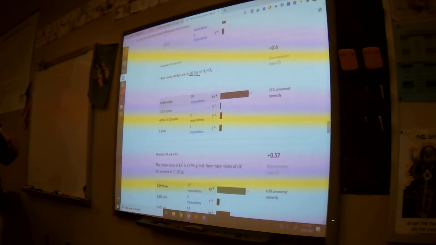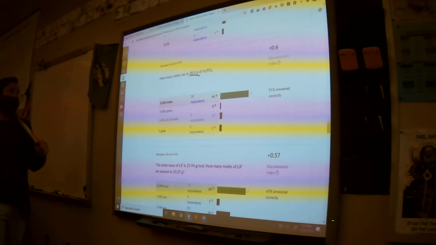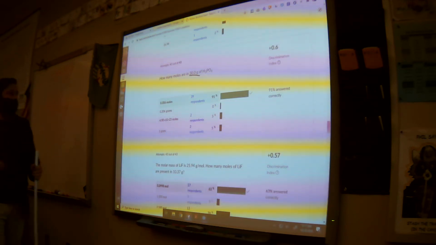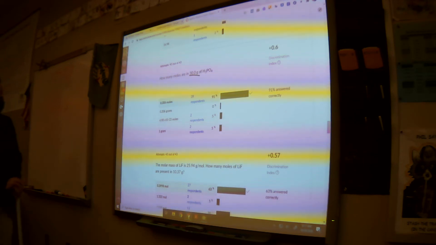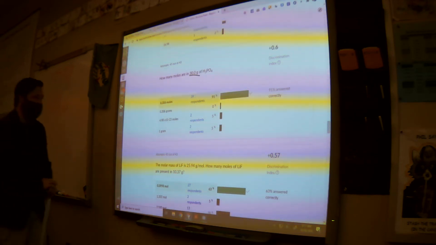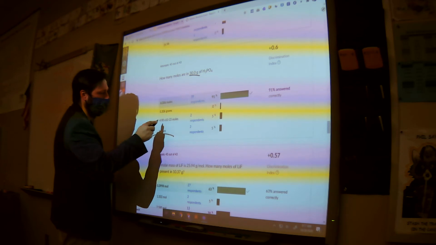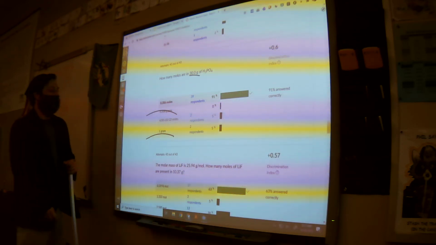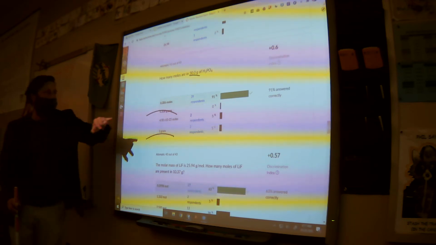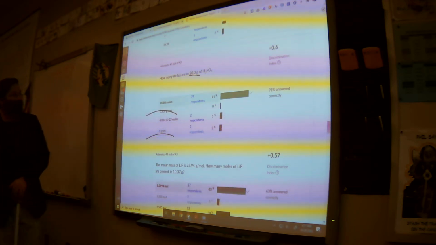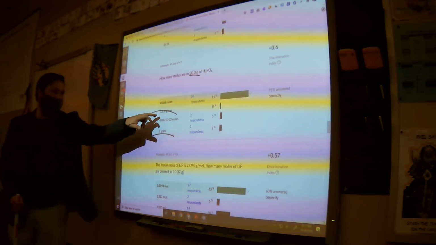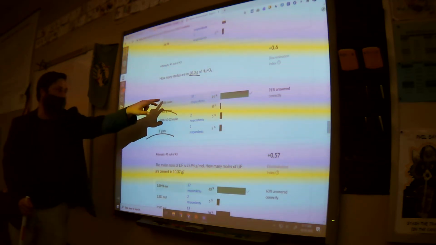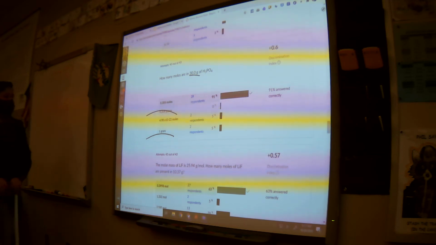How many moles are in 30 grams of phosphoric acid? Yeah, this is another example where you can cross out your grams, and now you're kind of stuck between two things. We're looking for moles. This is another example where you have a very tiny number and a more sane number.